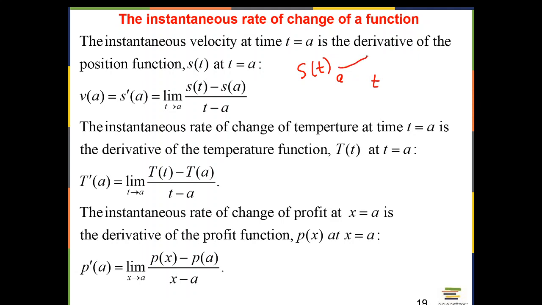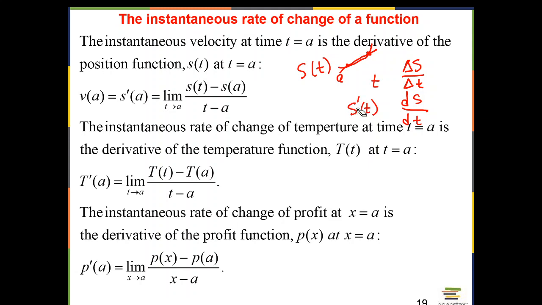So if this is the position function, then what would the slope of the secant line and tangent line represent in this case? Well, we know that delta s is the difference in position, and delta t is the difference in time. And you know, difference in position over difference in time is actually velocity, right? So that would be average velocity, and ds over dt, or s prime at t, is velocity at t.